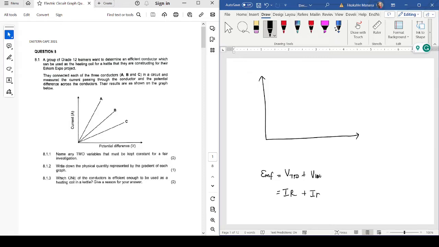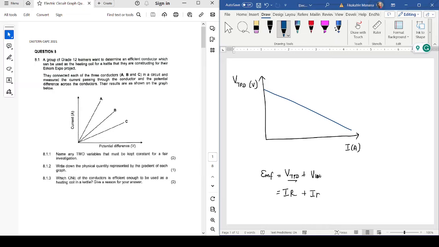So what if you were dealing with terminal potential difference? We're going to look at a scenario where you have terminal potential difference, measured in volts, against current. What would we expect then? In this scenario, please bear in mind, you would have a negative linear function, a negative linear graph.